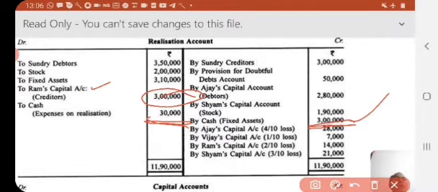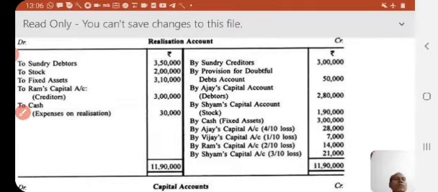So Ajay 4/10, Vijay 1/10, Ram 2/10, Sham 3/10. See carefully. Okay, 28,000.